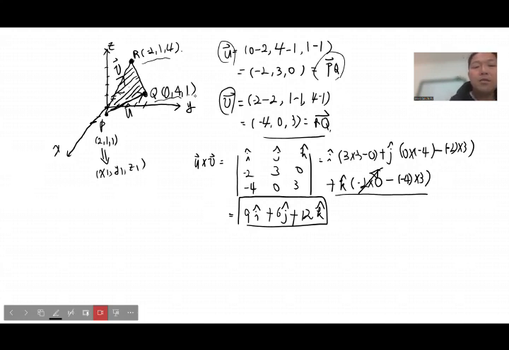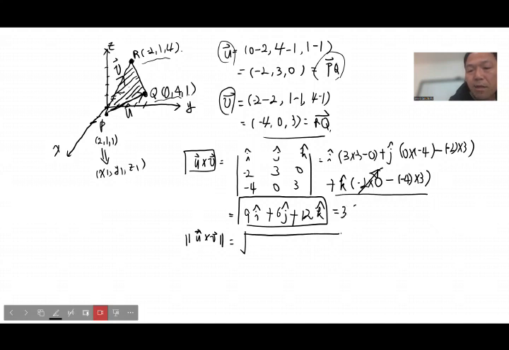So now the next step is to normalize this vector with the magnitude of this vector. So that should be the normal vector. First of all, you have to find the magnitude of this vector. That is actually simplified.